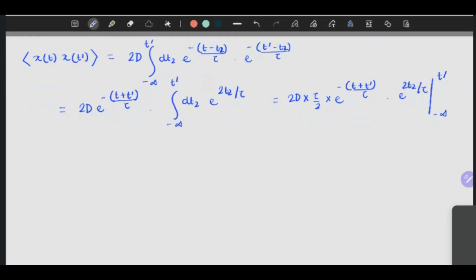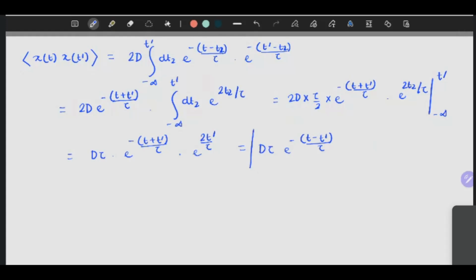So minus infinity becomes 0, only t prime remains, so that becomes D tau times e to the power minus (t plus t prime)/tau times e to the power 2t prime/tau, and that makes this integral equal to D tau e to the power minus (t minus t prime)/tau, because the minus t prime will be there, so that will be this thing.